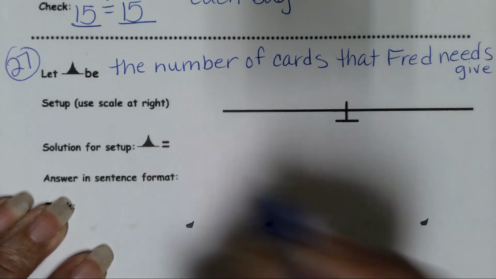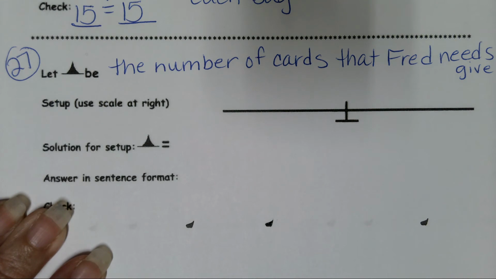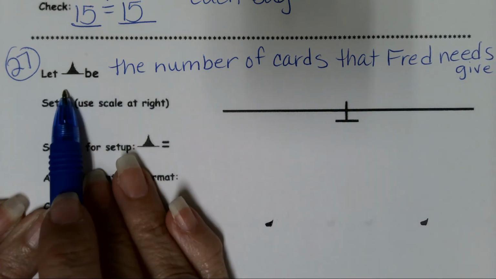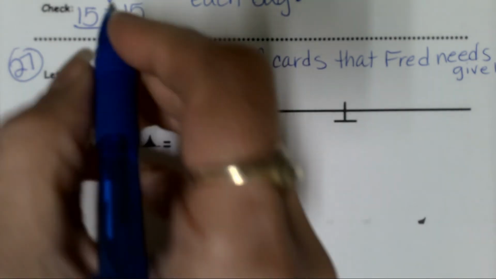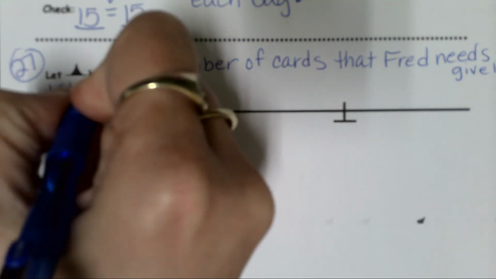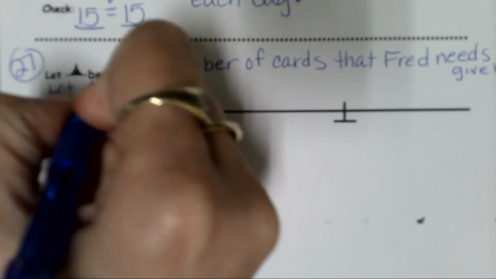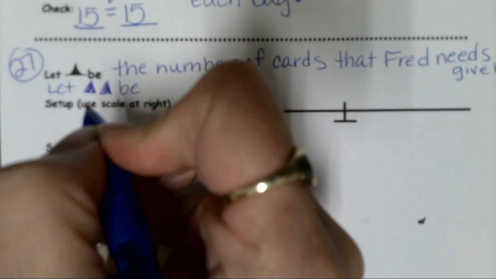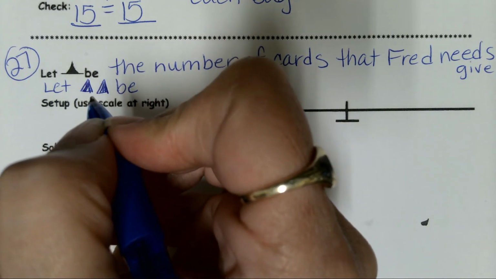And then we're going to have a second one because we're talking about Justin wants to give twice as many as Fred. So if the number of cards that Fred needs to give Kyle is pawn, twice as many would be 2 pawn. So let 2 pawns be the number of cards Justin needs to give Kyle.